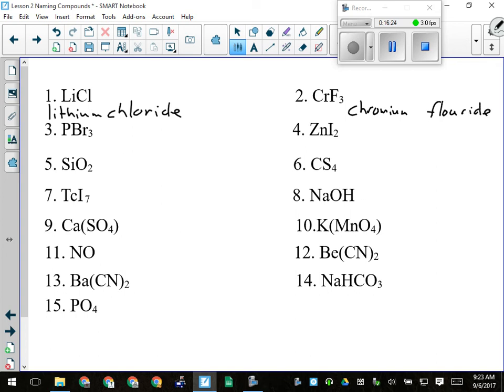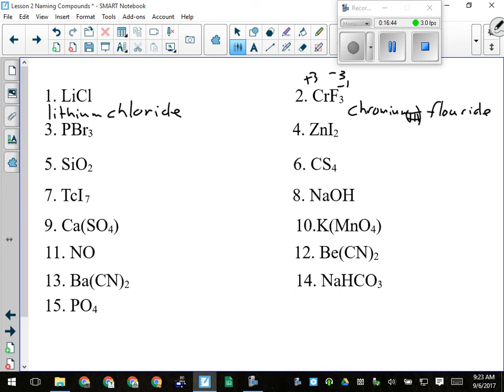Okay, fluoride is always a -1 charge, and there are 3 fluorides. So that means there's a total of 3 negative charges. Okay, that means I need to get 3 positives out of the 1 chromium, so that chromium is +3. So this is chromium(III) fluoride.